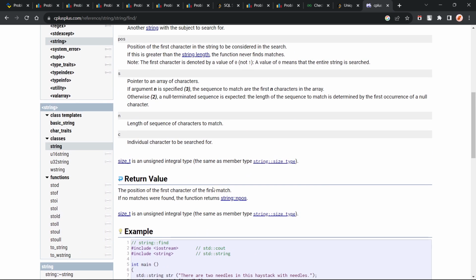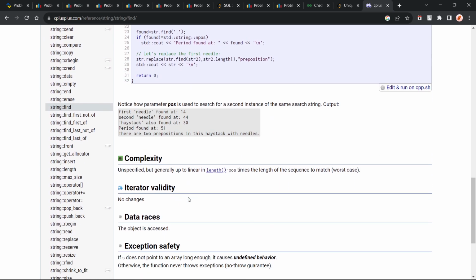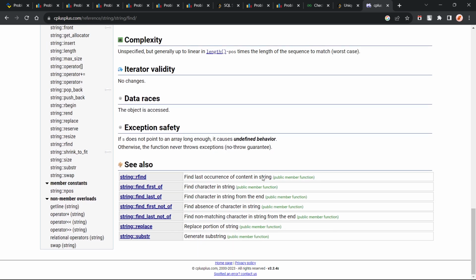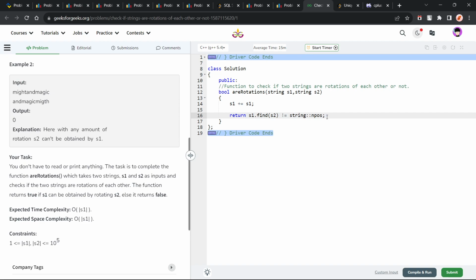But also, you will see here there must be the time complexity somewhere, right? The time complexity of this function is unspecified, but it is linear in terms of length times pos times the length of the sequence to match. So the length of the string multiplied by pos, which is the length of the sequence to match. So it is also n square, not O of n, but I believe this is correct.